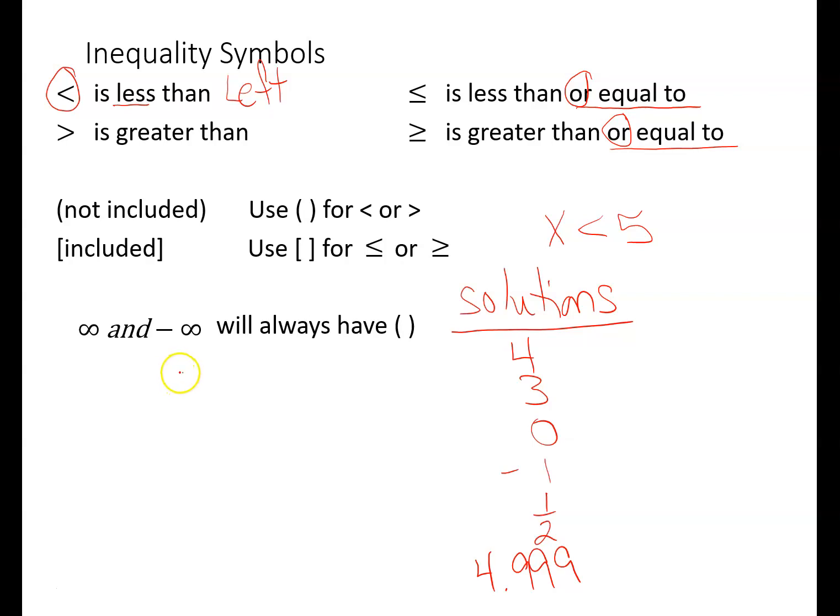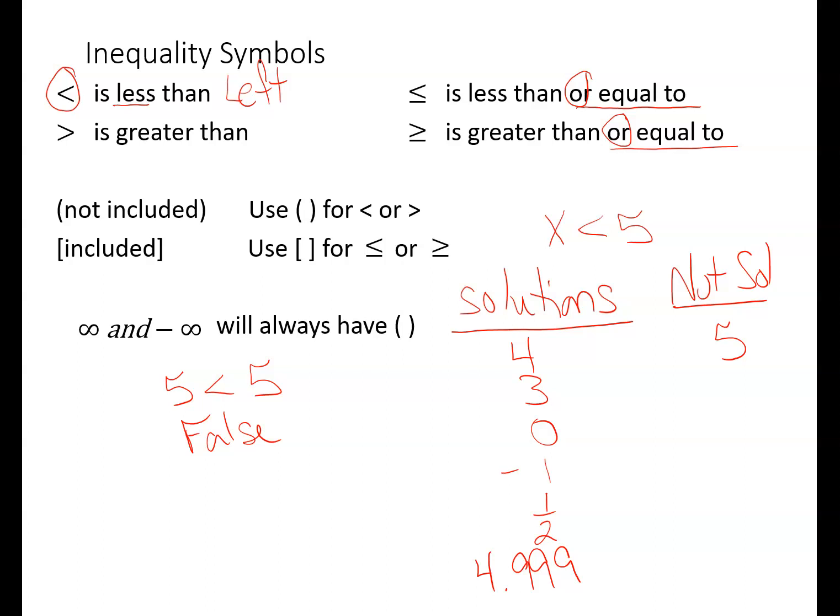Well, let's substitute 5 in for x. It says 5 is less than 5. That is not a true statement. That's false. So 5 is not a solution. It would not be included in the solution set, which means it would get parentheses on it.